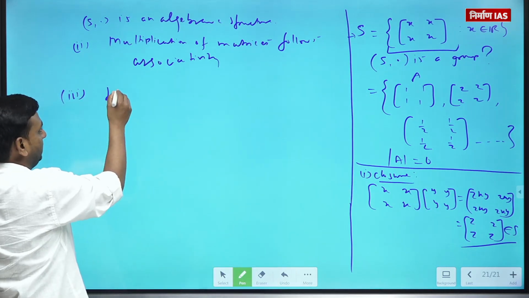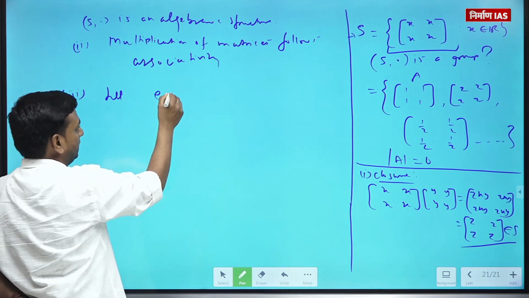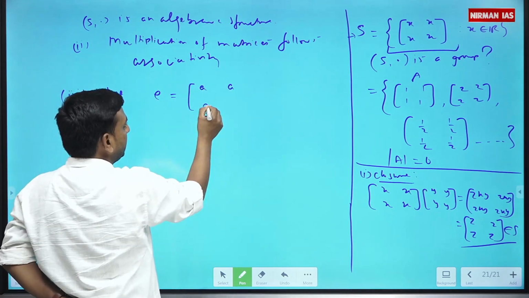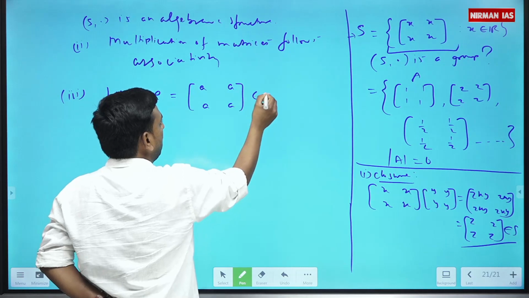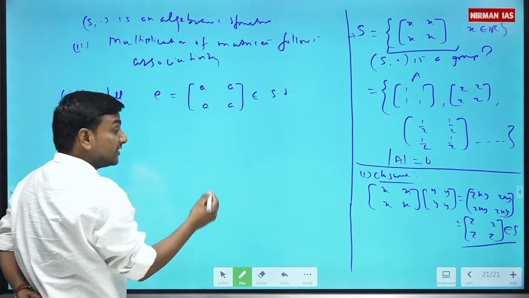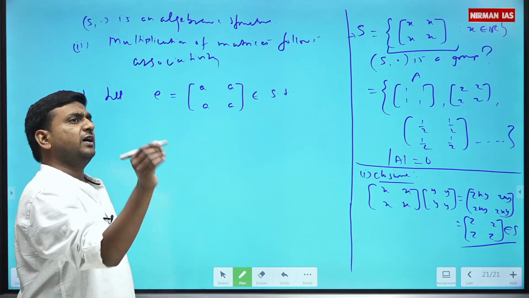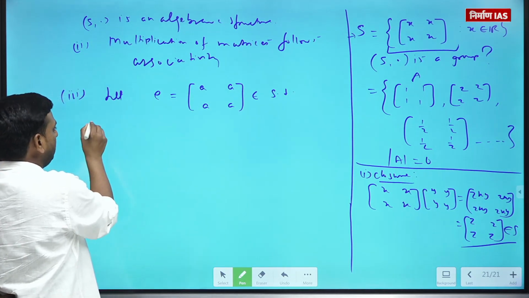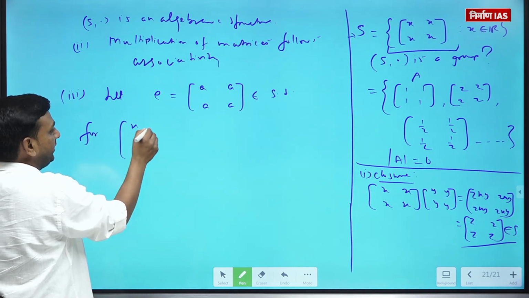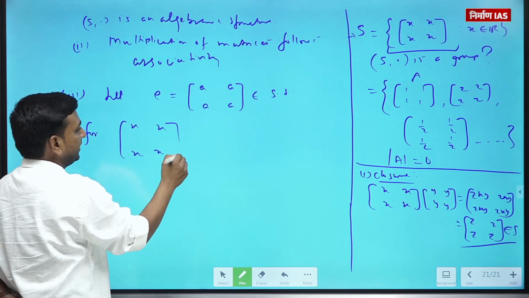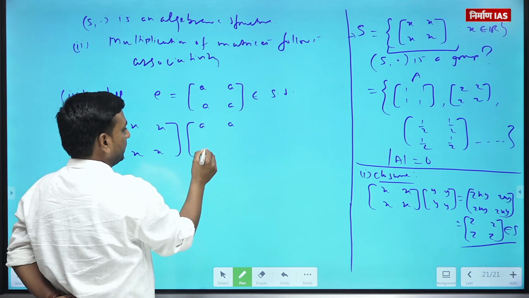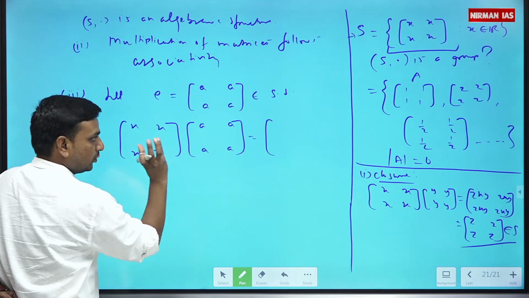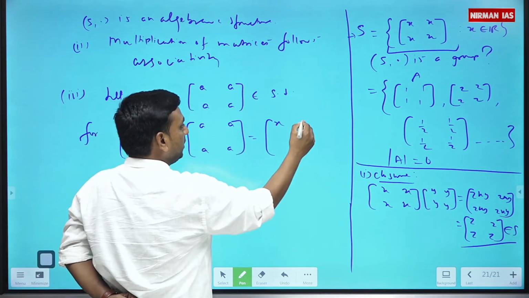So let there be some element E equal to the matrix with entry a, belonging to S, such that it works as an identity element. If it is an identity element, then for any arbitrary element A of set S, A composition E must give A only.